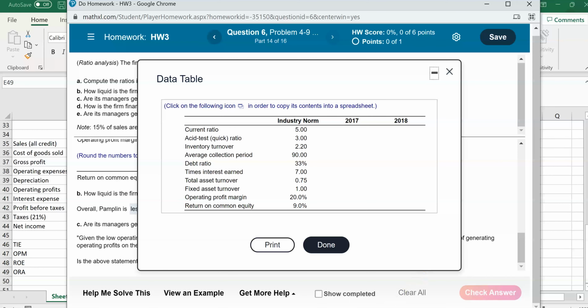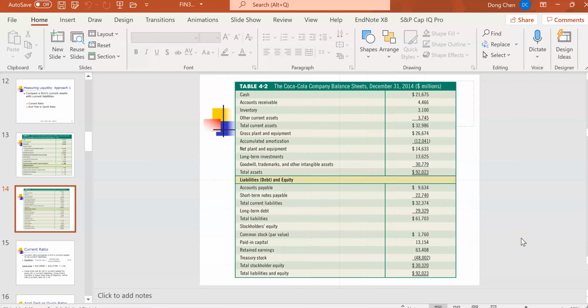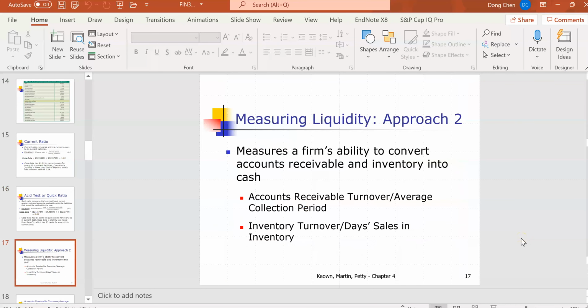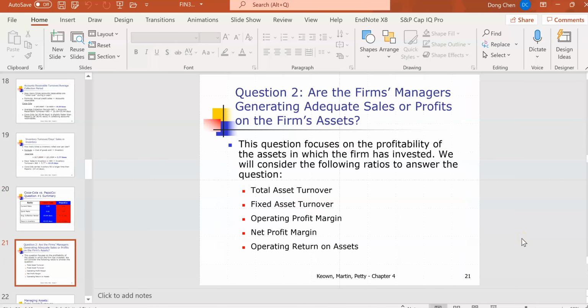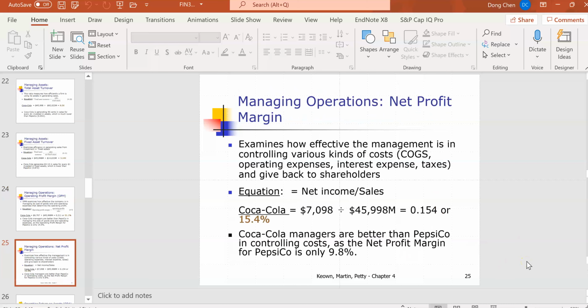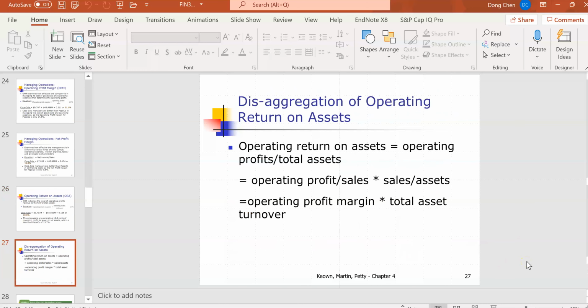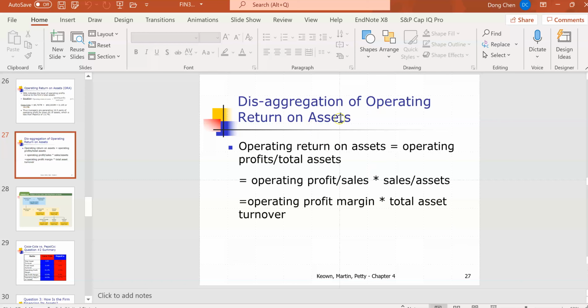If we go back to our lecture slides, the disaggregation of the operating return on asset shows that it equals operating profit margin times the total asset turnover.